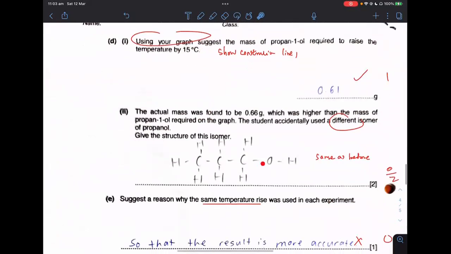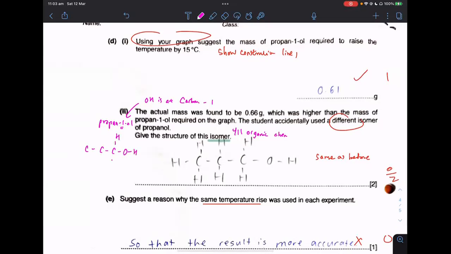Now this thing, you haven't really done yet, called isomer. This is actually year 11 organic chemistry. What you had in the previous question was propan-1-ol. The 1-ol means the OH is at carbon 1, so it's at carbon position 1.